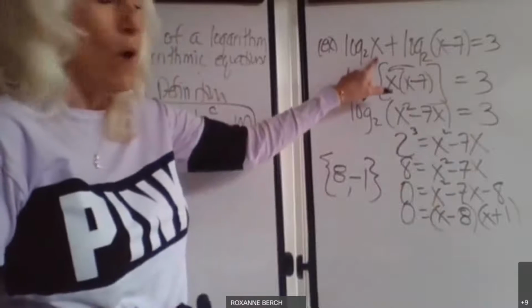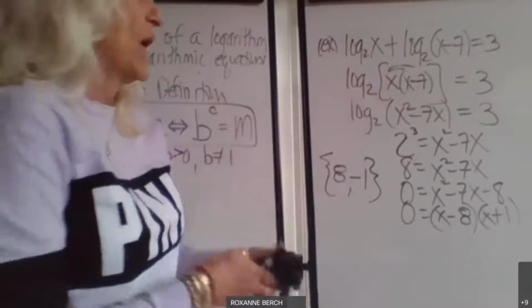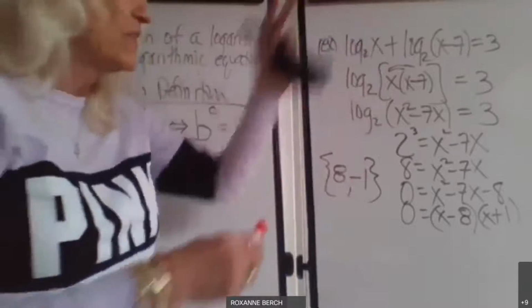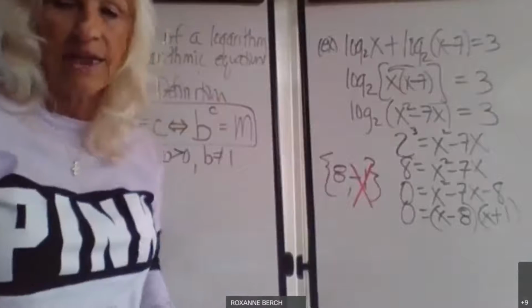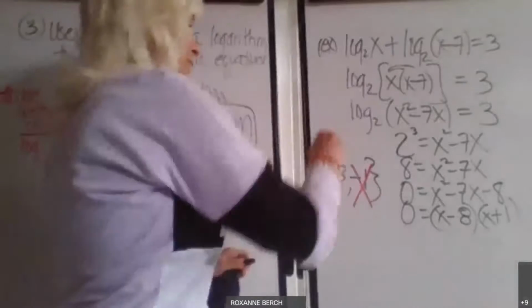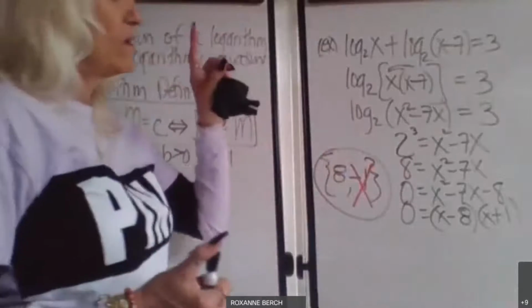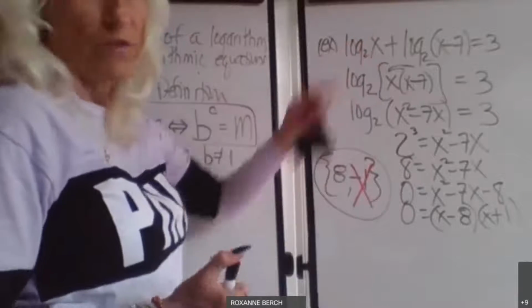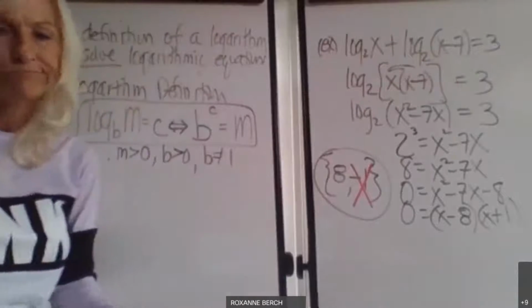Can you have a negative 1 there? No. So you can check the other one if you want, but it already fails on the first one. So it's extraneous and has to be thrown out. Can't have a solution that makes the logarithm negative. It actually makes both of them negative. Can't have that.